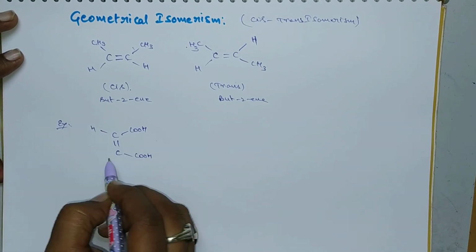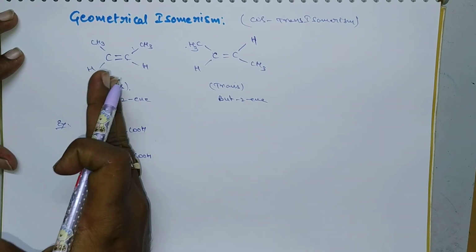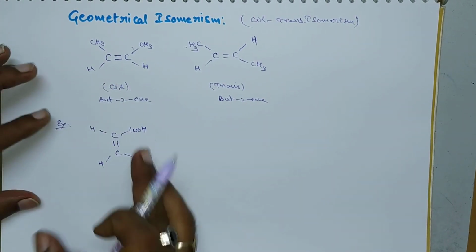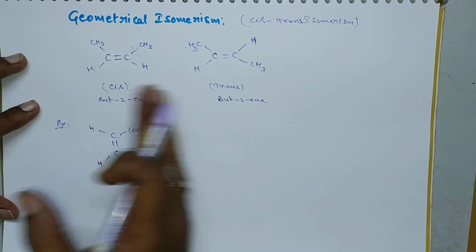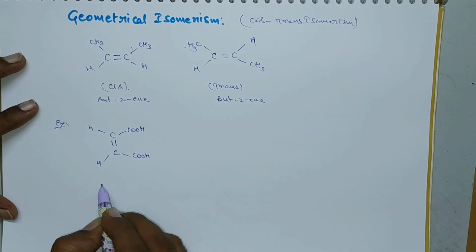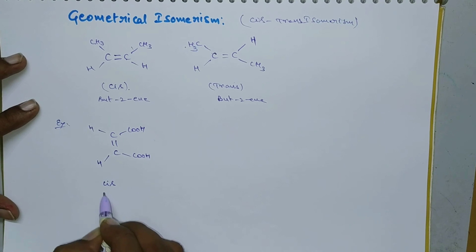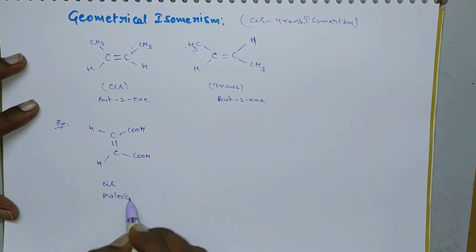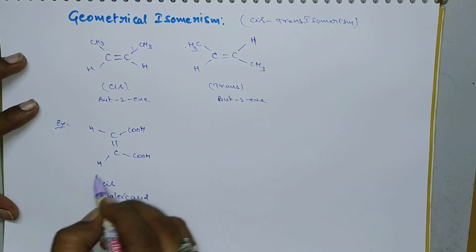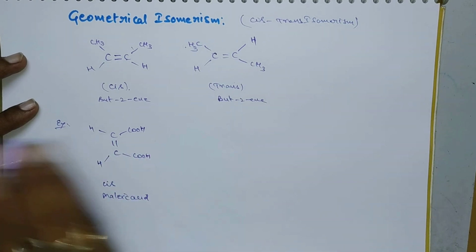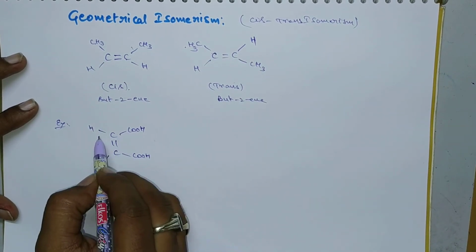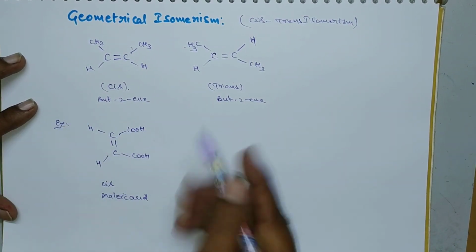Here this is the plane of the double bond. The two COOH groups are present on the same side of the double bond, so this is called cis molecule. This molecule is called maleic acid.